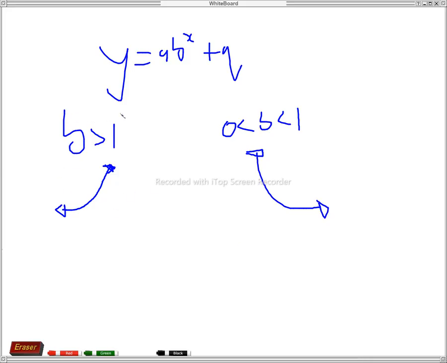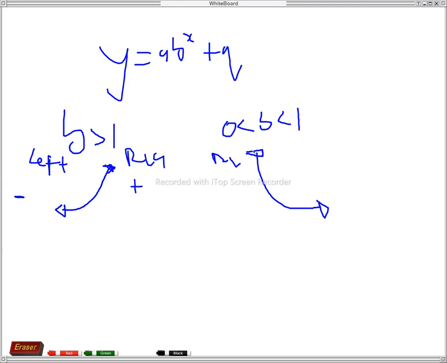So basically this is the shape. When they say it is increasing, it goes from the negative, remember, the left is negative and the right is positive. Therefore from negative to positive is increasing. And when they say it is decreasing, when b is between 0 and 1, it starts here.